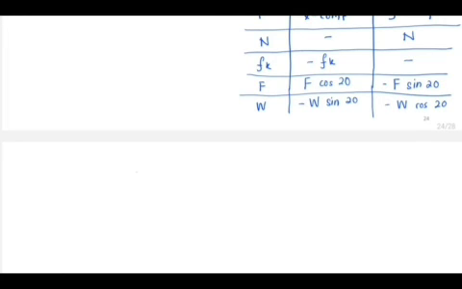For resultant force for x component will be negative Fk plus F cos 20 minus W sin 20 equal to MA. Let's substitute the information that we have.